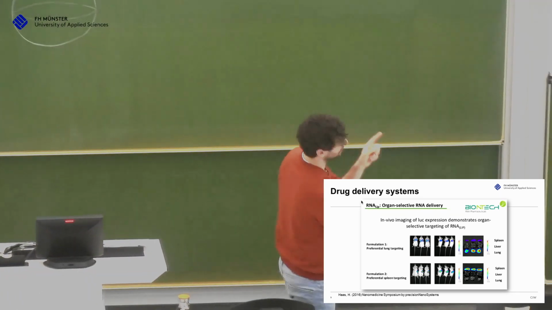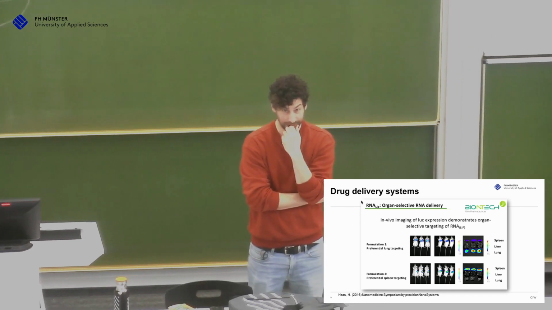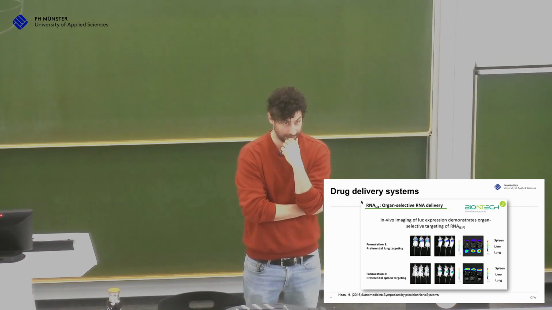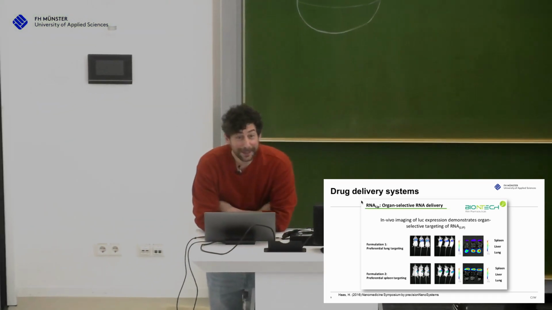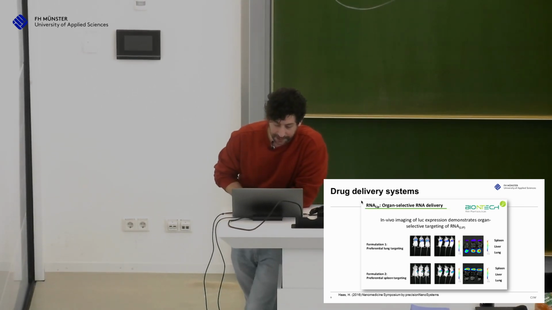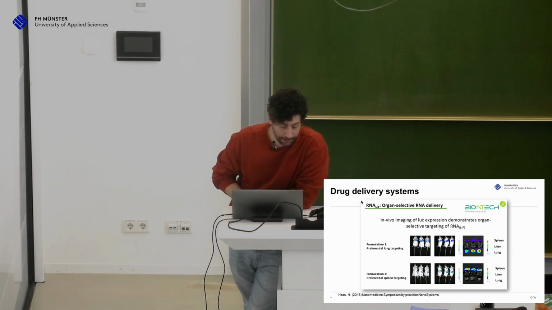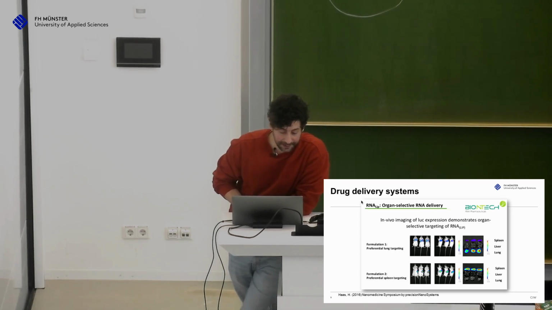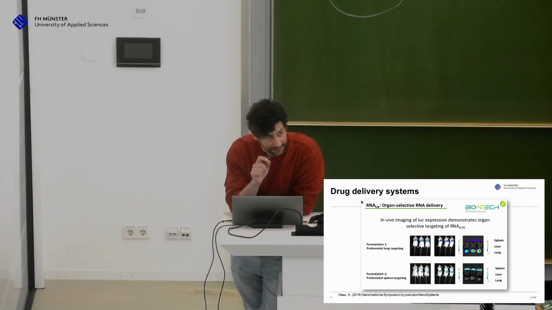So what do you see now on this slide? You see mice with colors. The used lipid, exactly. So basically we see differences, okay? You see the spleen, the liver, and the lung. And you see that here, preferential targeting of the lung. So this means the lung of the mice is targeted by the lipid nanoparticles.